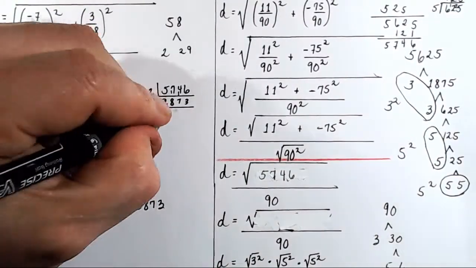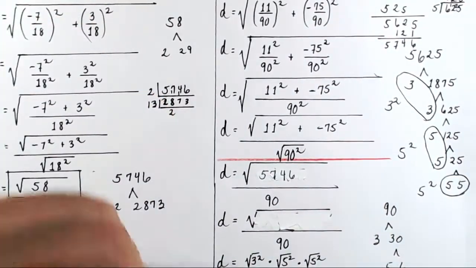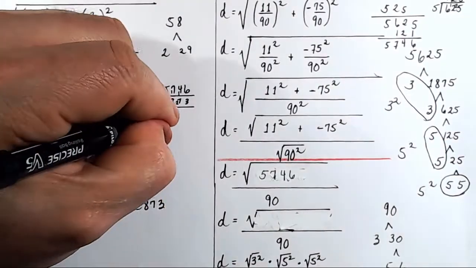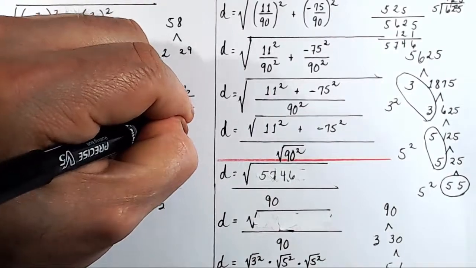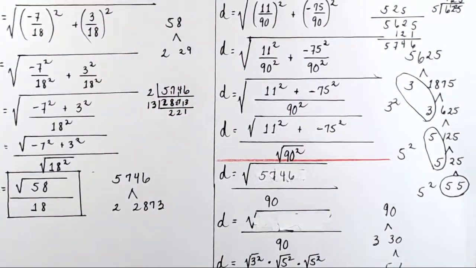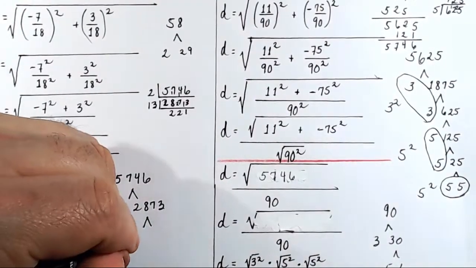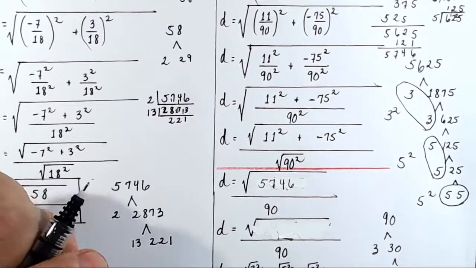So 13 goes into 28 twice, and that would leave behind 2. 13 goes into 27 twice, and that would leave behind 1. And 13 goes into 13 once, 221. Wow, this is a monster. 13 times 221.